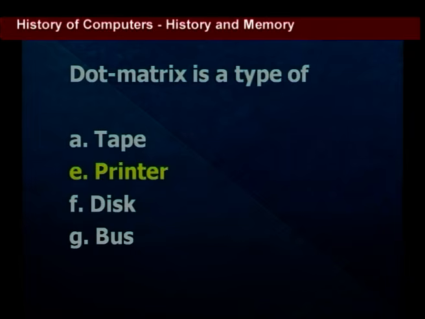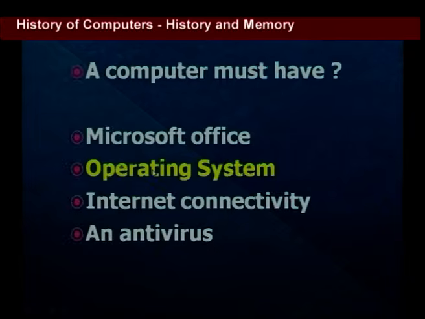Tape is not the correct answer, disk, bus, these are not correct answers. Only printer is the correct answer in this question. A computer must have... what does that mean here? Microsoft Office, no, that is an application of a system.